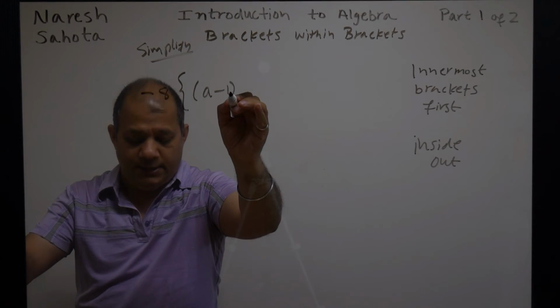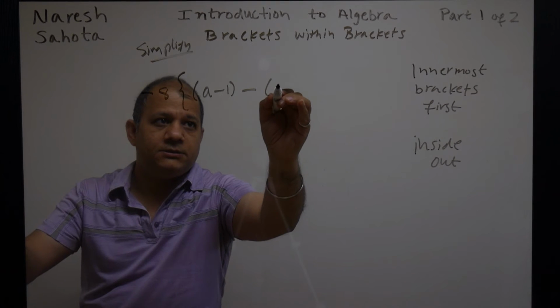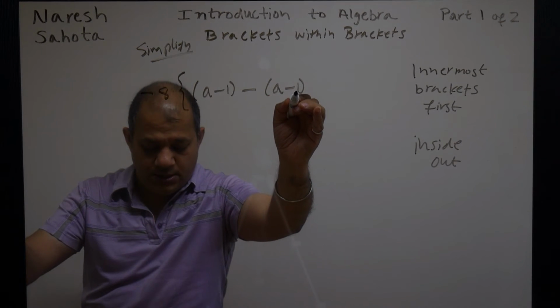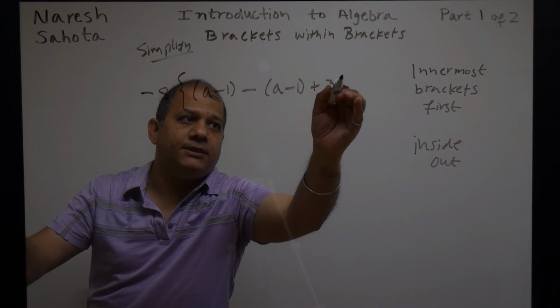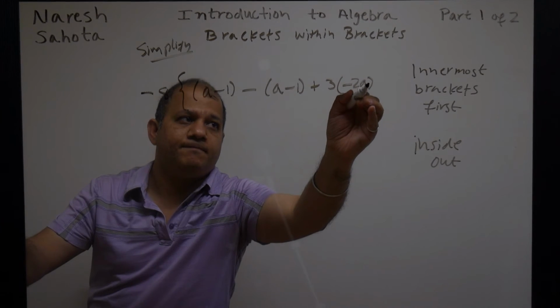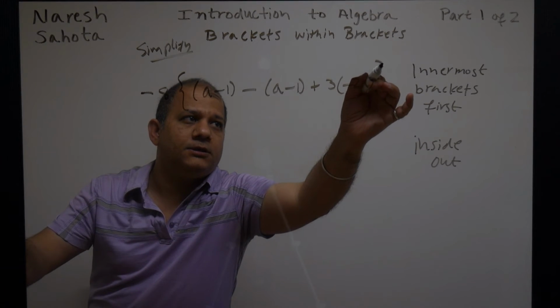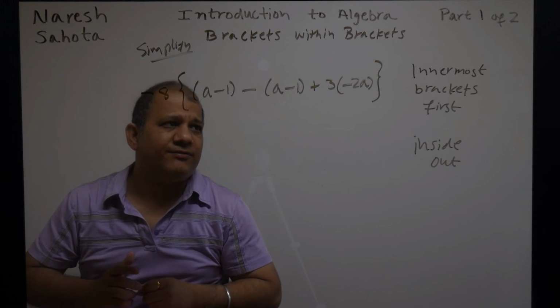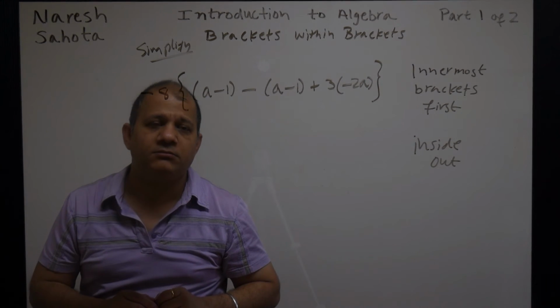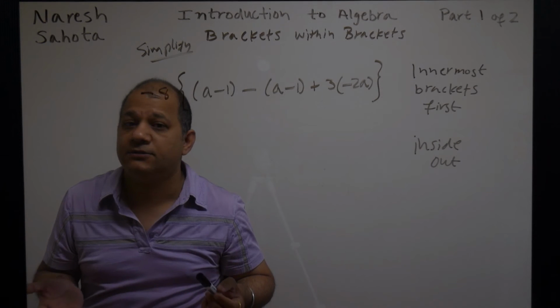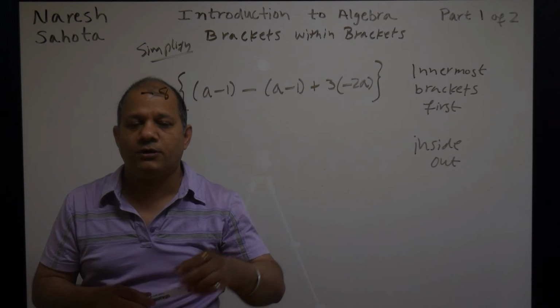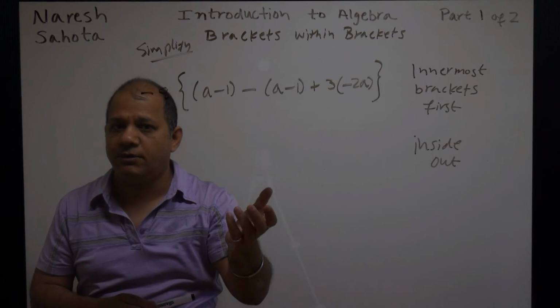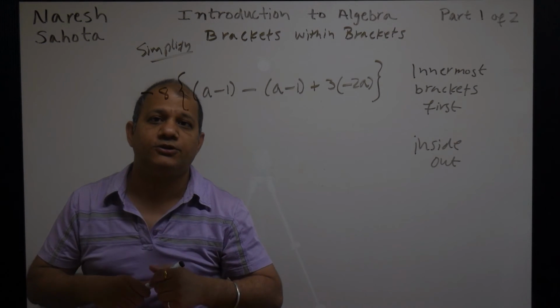A minus 1 minus a minus 1 plus 3 times negative 2a, and then close the curly brackets. Okay, so it looks different, it looks a little bit longer, but it doesn't really matter. We're going to work from the inside out, right? Work with the innermost brackets first.